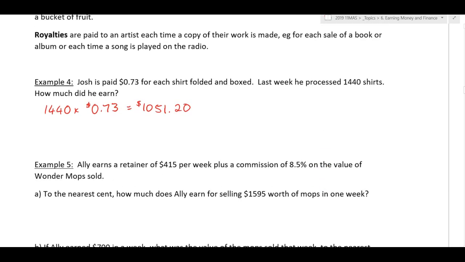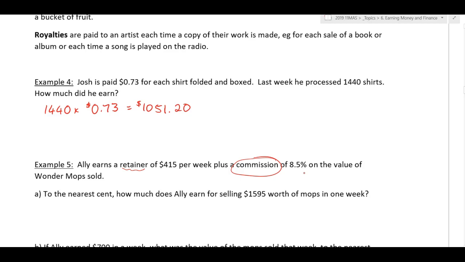Example 5 here. Ali earns a retainer of $415 plus a commission. There's our clue here, we're talking about commission, on the value of Wonder Mops sold. So an 8.5% commission on sales of these mops. Now, a retainer is a fixed sum that you're paid regularly, weekly, fortnightly, maybe monthly, before you get your commission.